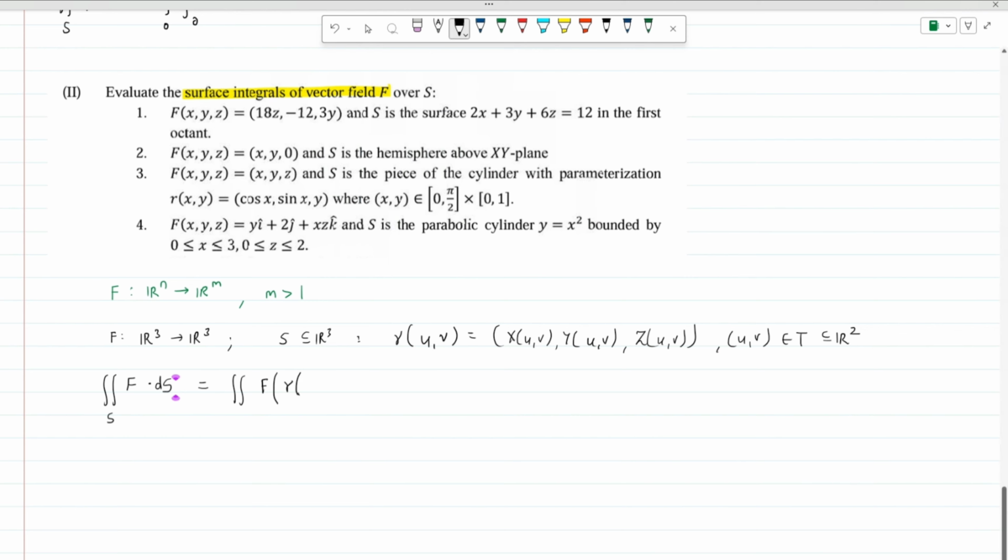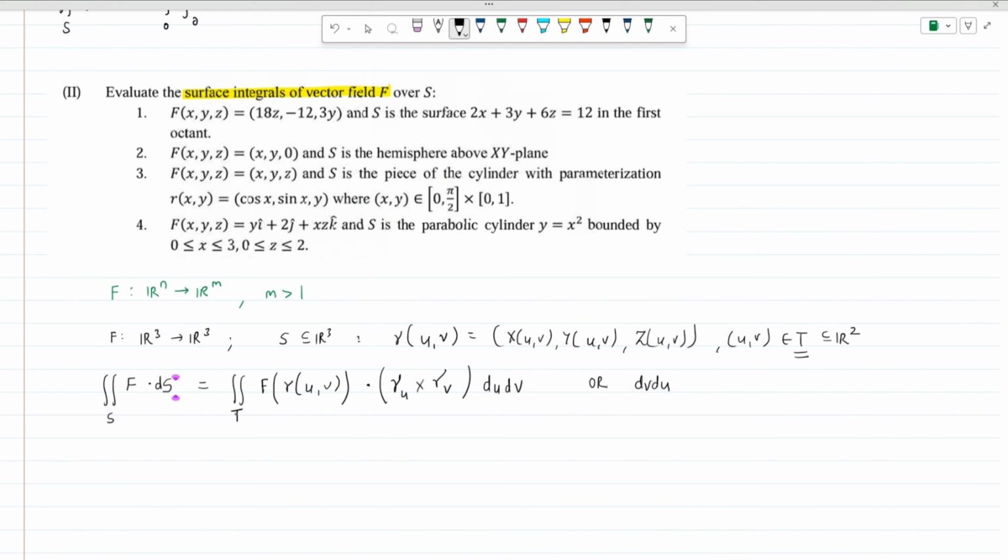So we want F applied on gamma of uv, and we will take the dot product of this with the fundamental vector product or the normal, which is given by the cross product of gamma partial derivative with respect to u into gamma partial derivative with respect to v, and we will be integrating this with respect to du dv or dv du depending on the type of region T, whether it is going to be type 1 or type 2.